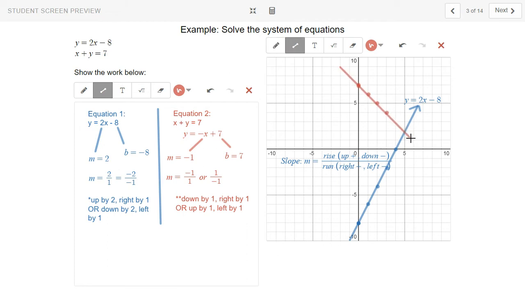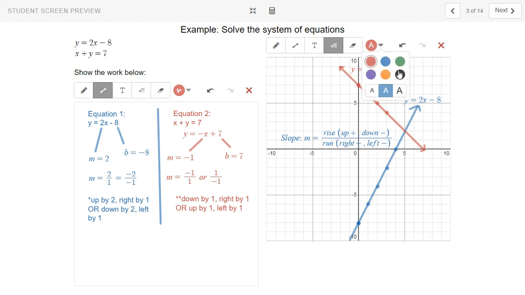I'm going to join this line. And we have our equation here, y is equal to negative x plus 7.